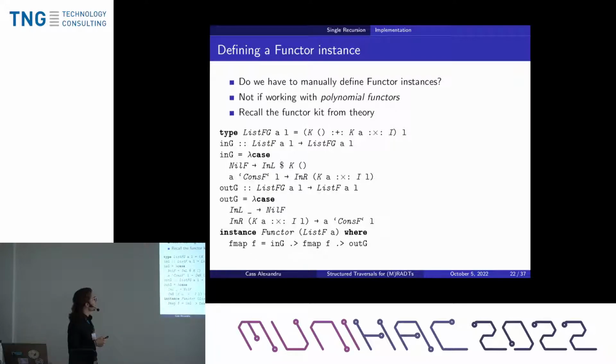Basically, the list functor can be seen as the product of the constant to nil functor, which is the empty list and doesn't do anything to its argument, then the constant to A, which is like the head of the list or the identity.